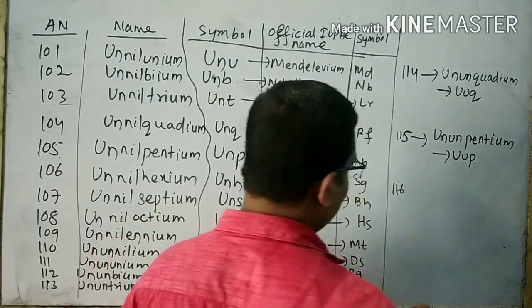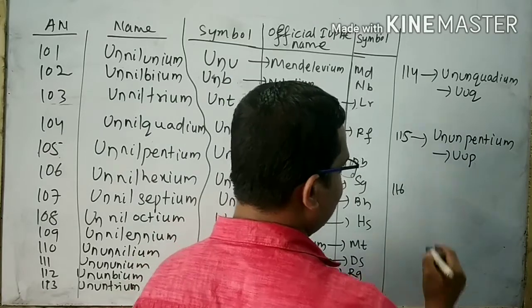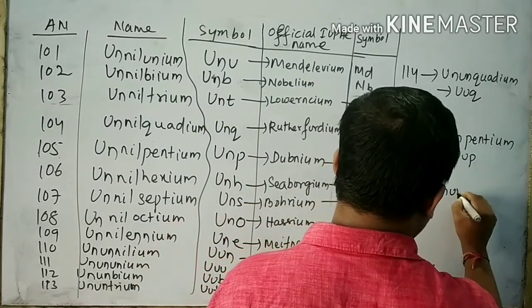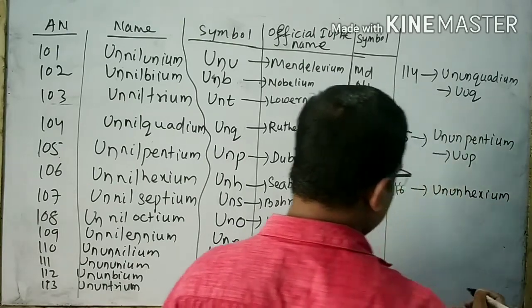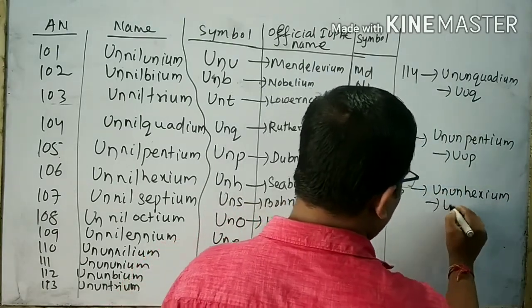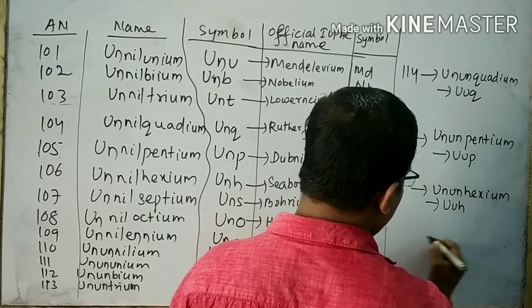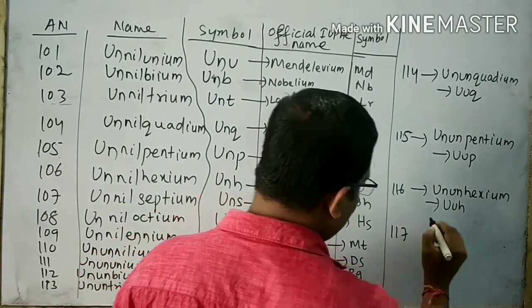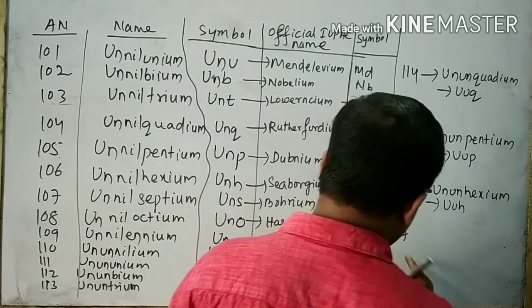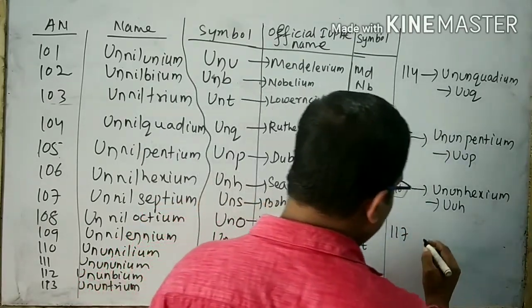Next I will discuss the element which has atomic number 116. Un un hex, IUM. Its symbol is UUH. It also has an IUPAC name and symbol. Next I will discuss the element which has atomic number 117.